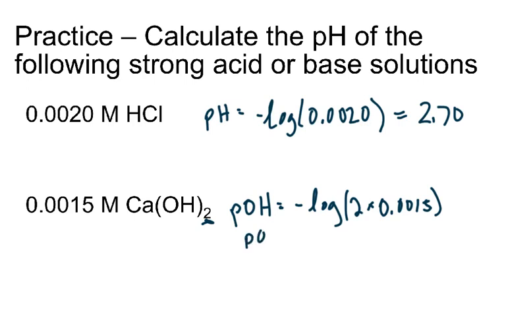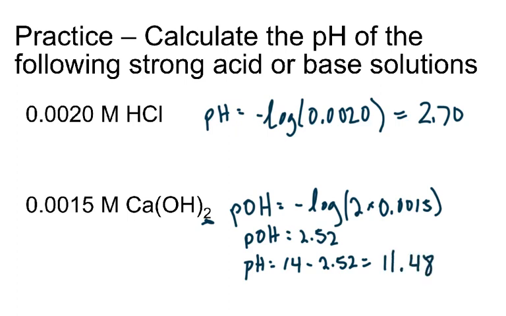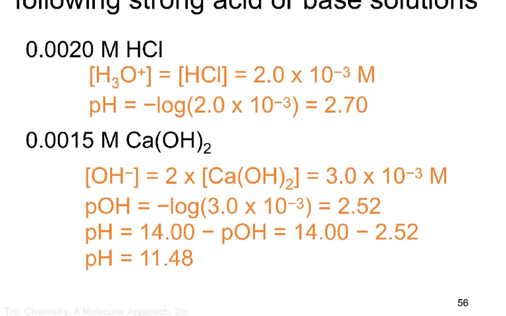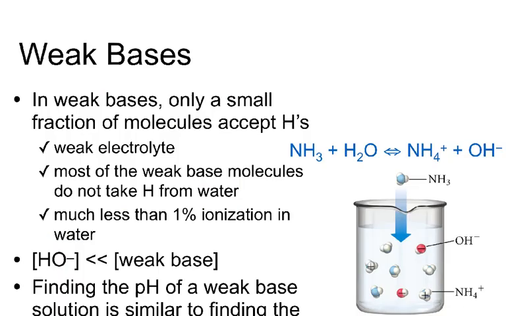So our pOH will be 2.52, which means my pH is 14 minus 2.52, which is 11.5 or 11.48. So there we go. What about weak bases?